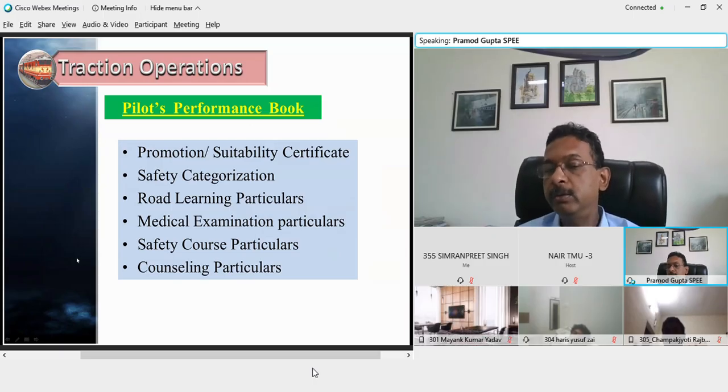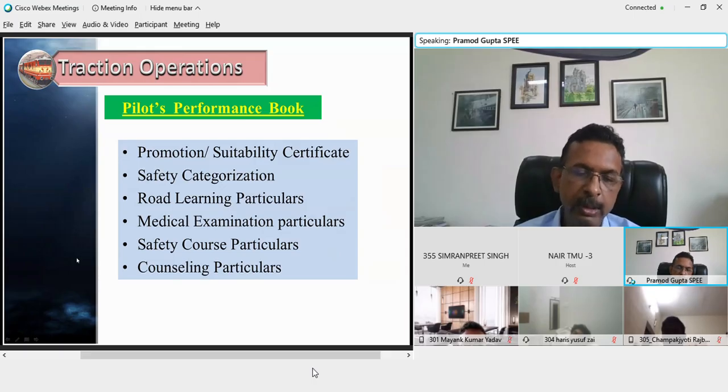Sometimes officers also travel in the loco cab, and because they are curious to know about the working of the locomotive, they get into some kind of interaction, and sometimes the interactions come to a level of personal interaction where they lose the entire focus.